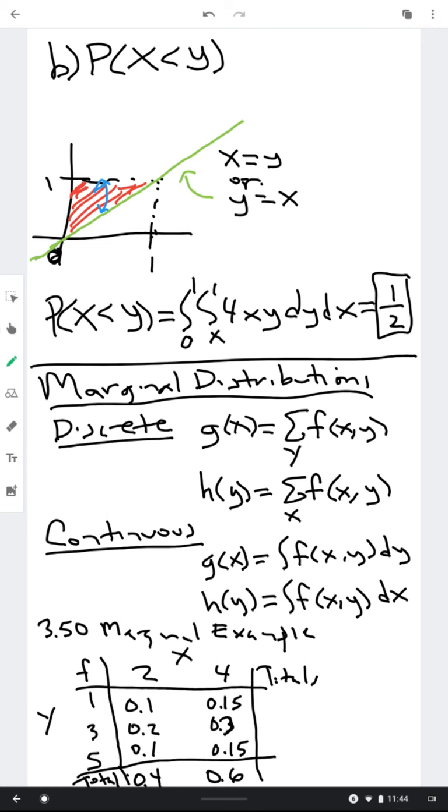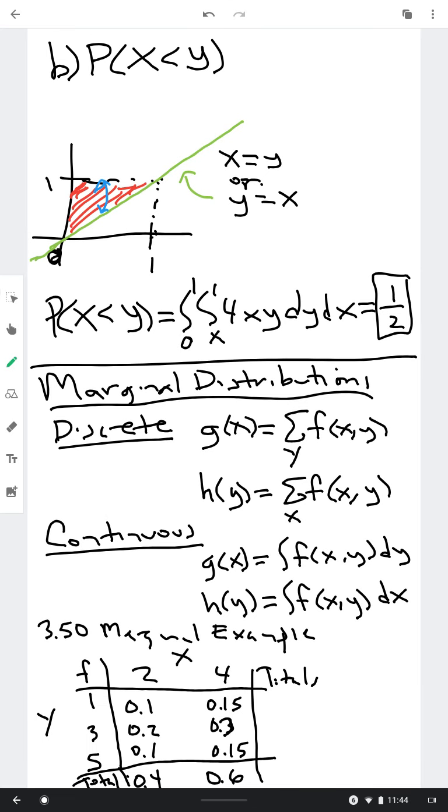Then I can do the same thing for my marginal probabilities for y alone. The probability that y is equal to 1: keep y fixed, and sum over all my x values. That gives me 0.25. Keeping y fixed at 3 and summing over all my x values, I get 0.5. And keeping y equal to 5 and summing over all my x values, I get 0.25.